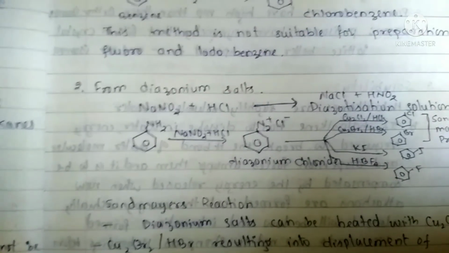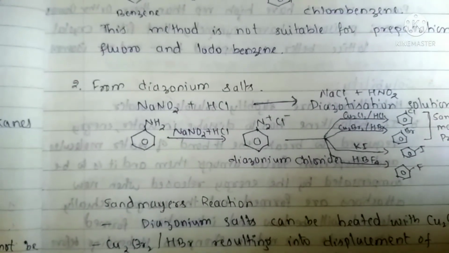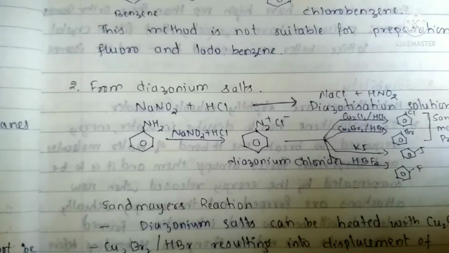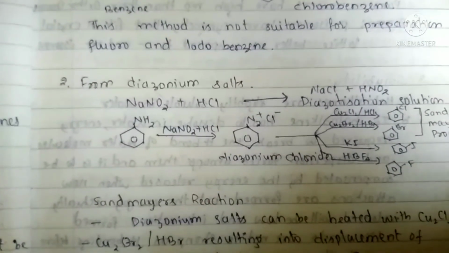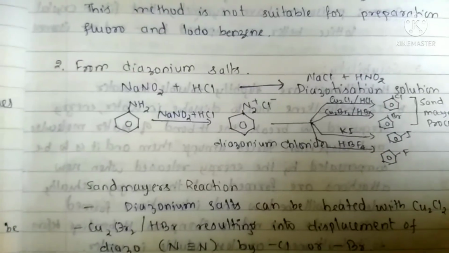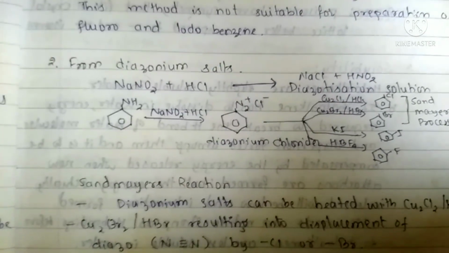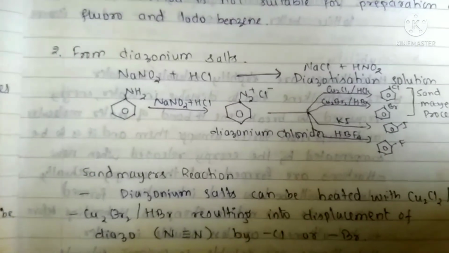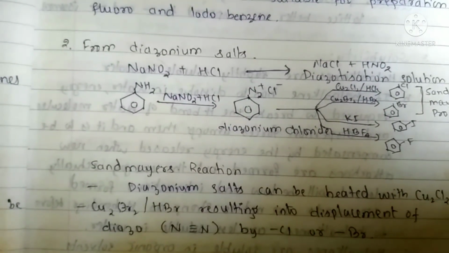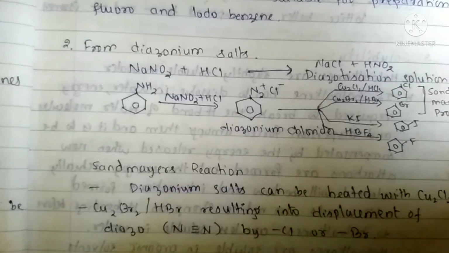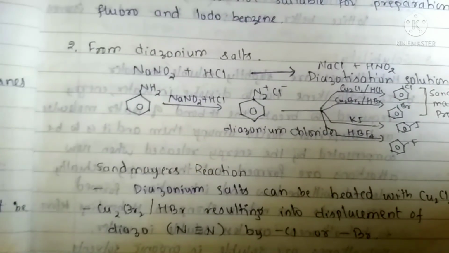Specifically, if copper chloride is used, then we will be getting chlorobenzene. If bromine is used, then we will get bromobenzene. These reactions are actually named as Sandmeyer's process, in which diazonium salts are heated with copper chloride or copper bromide, resulting in displacement of the diazo group by chlorine or bromine.